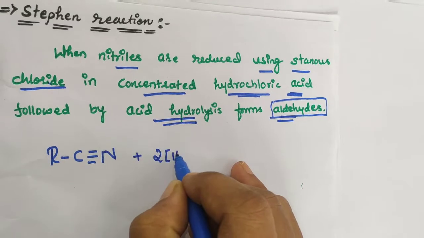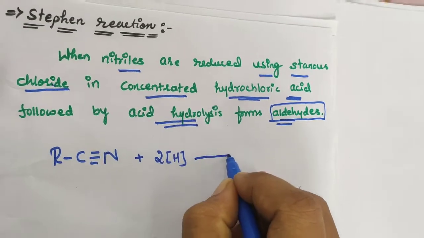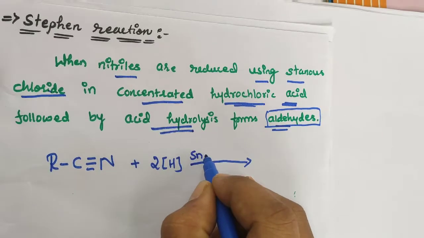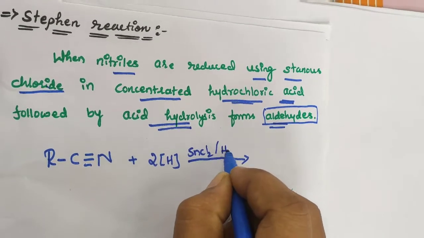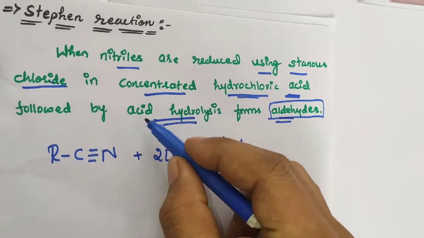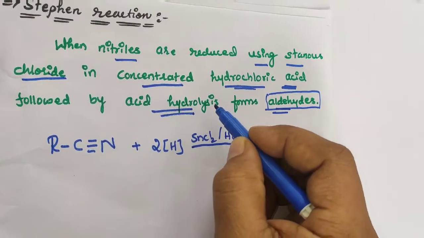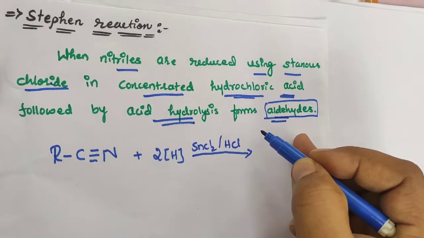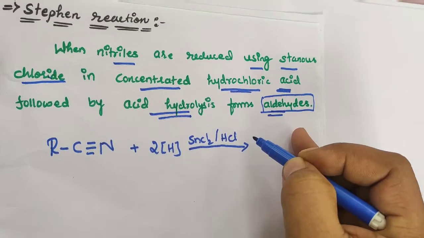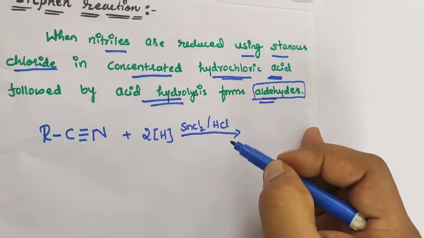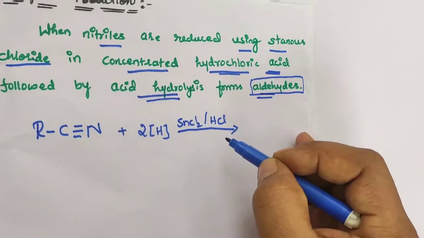Now I will tell you what acid hydrolysis is. In the presence of which type of catalyst do we work here? Stannous chloride in the presence of HCl. So now we should understand what the meaning of acid hydrolysis is. In hydrolysis, a larger molecule is broken into simpler substances by the intake of a water molecule.